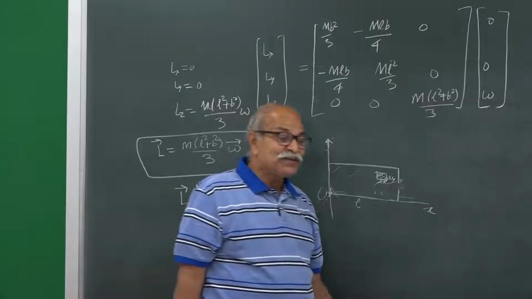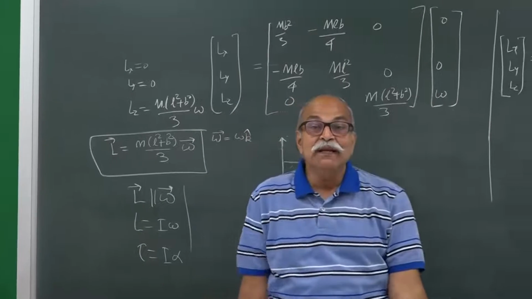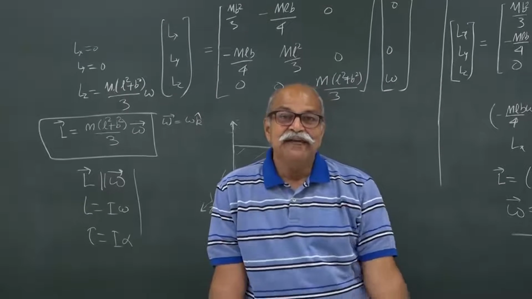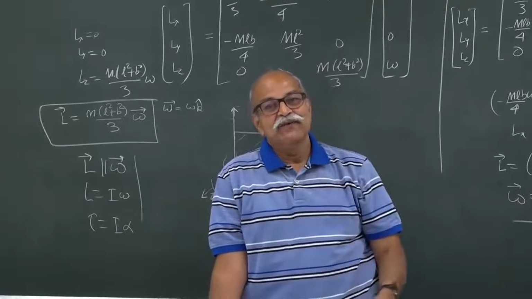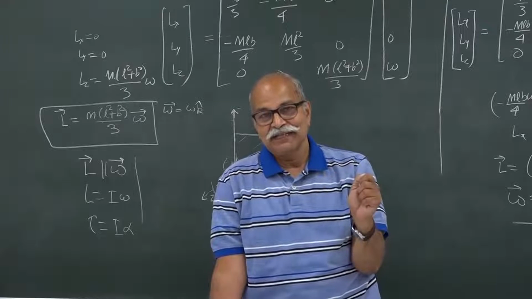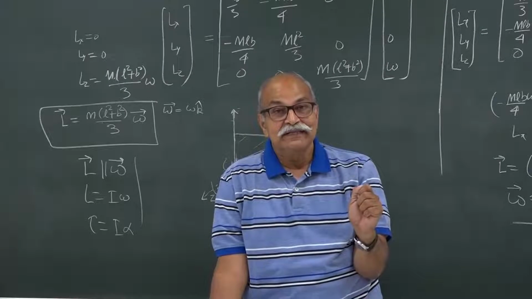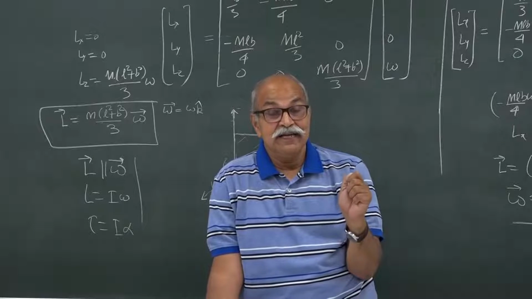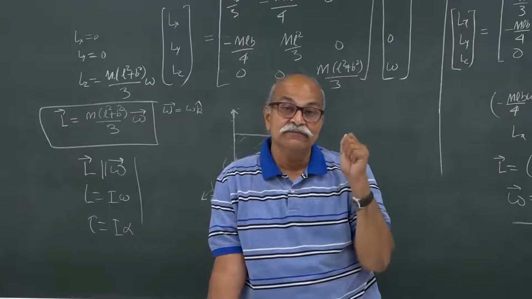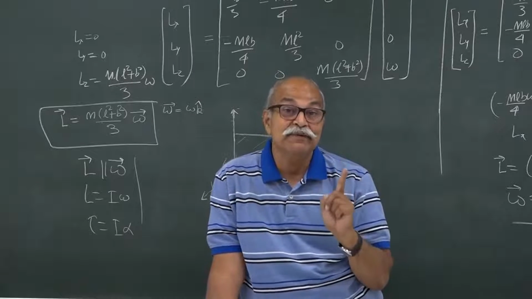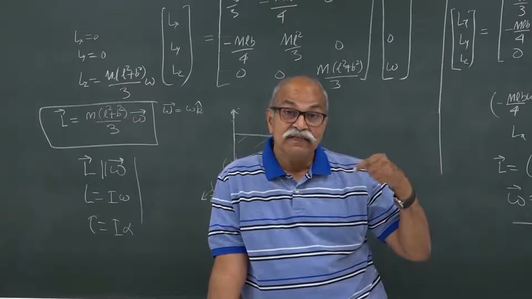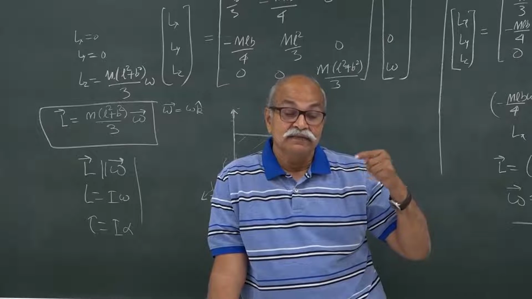And there comes the concept of principal axis of the system. If you have any rigid body and you are given a point fixed in that rigid body, from that point you can definitely find at least one set of 3 perpendicular directions in which the product of inertia terms are 0.